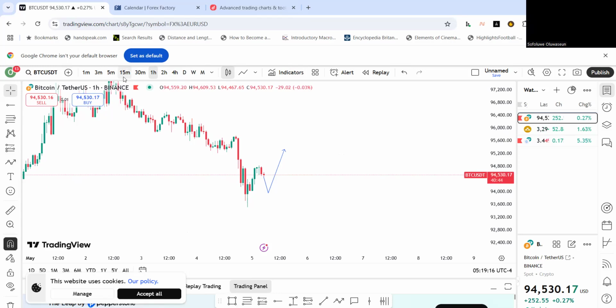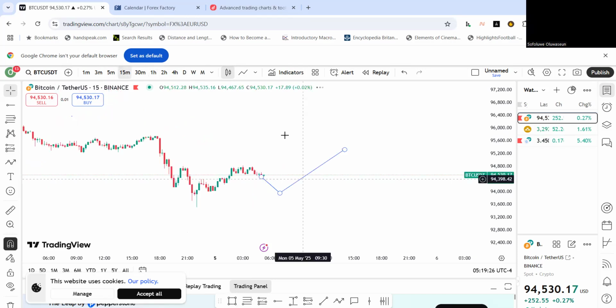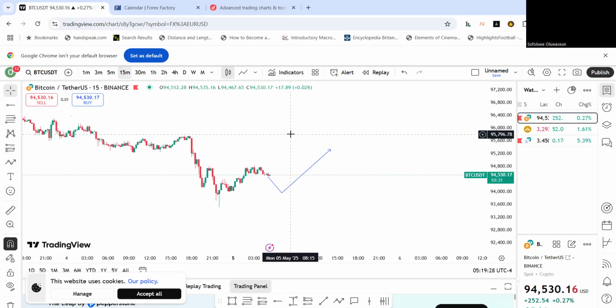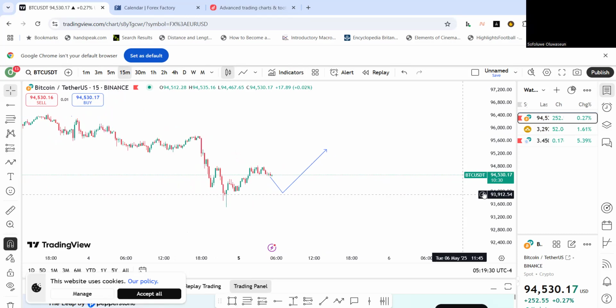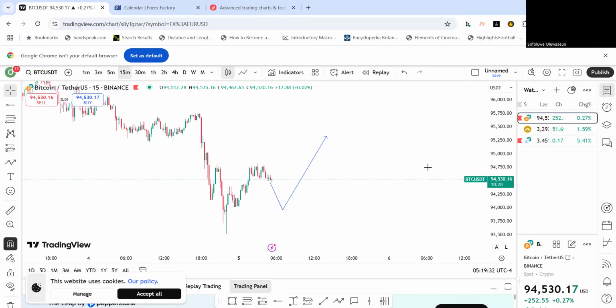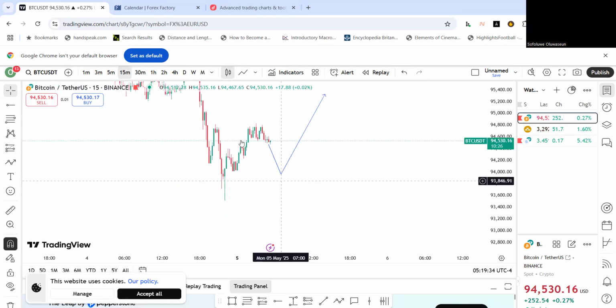All right, so let's go to 15 minutes. Okay, for that, let's check our line chart here. Let's go to 15 minutes. So for me, I'm seeing kind of two entry opportunities.